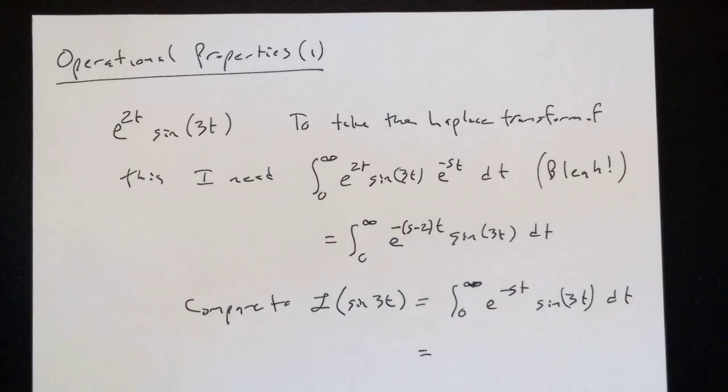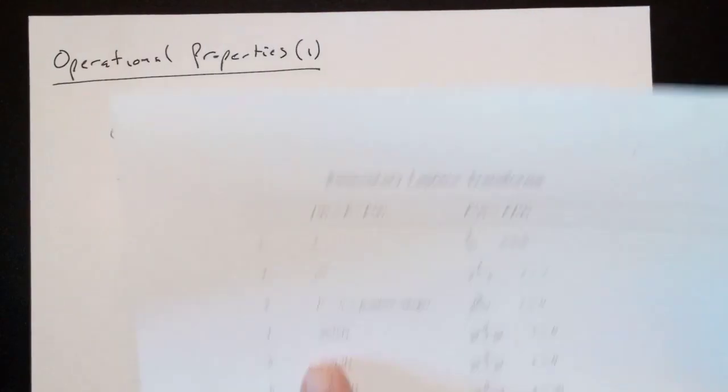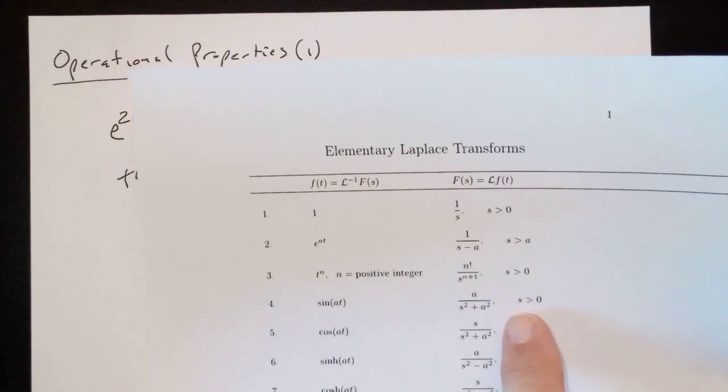What is the Laplace transform of sine of 3t? Grab the formula sheet. Right. Sine of at is a over s squared plus a squared.